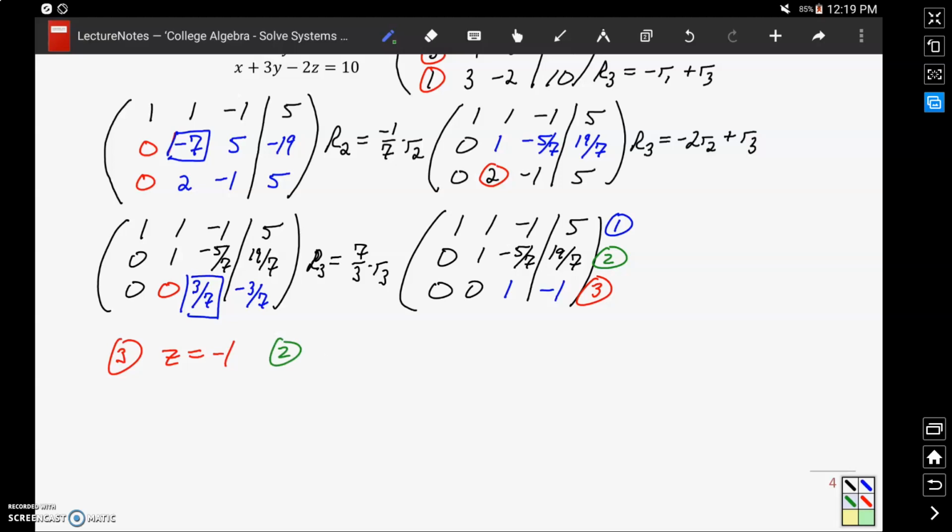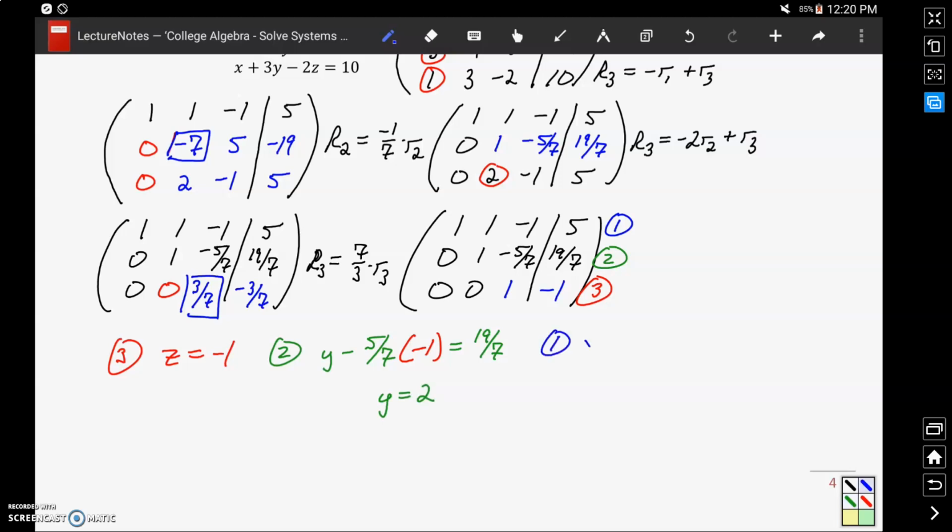Equation 2 will tell us that y minus 5/7 times -1 has to equal 19/7. Solving for y will give us 2.